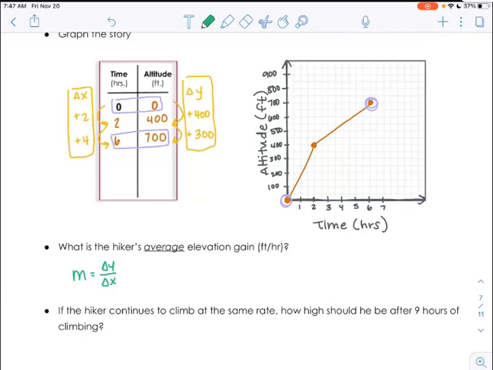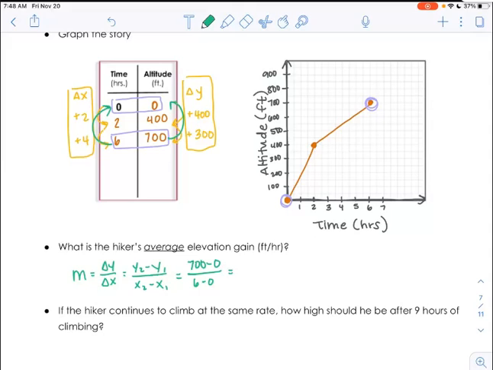We actually want to find the difference between the first and the last. So I'm going to use y2 minus y1 over x2 minus x1. So y2 would be 700 minus 0 on top. And then I have 6 minus 0 on the bottom.